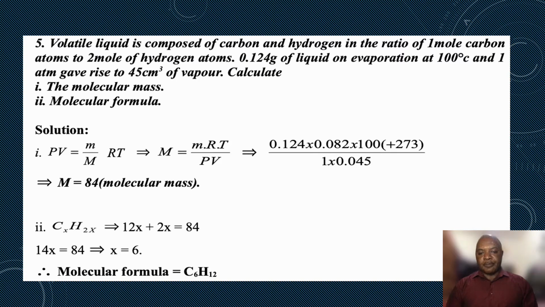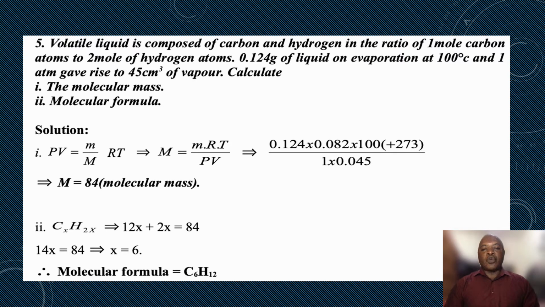Especially for temperature, only for temperature, we'll do our conversion. This time around, we'll add 273 to convert to degrees Kelvin. Then for volume, we will divide the volume by 1000.